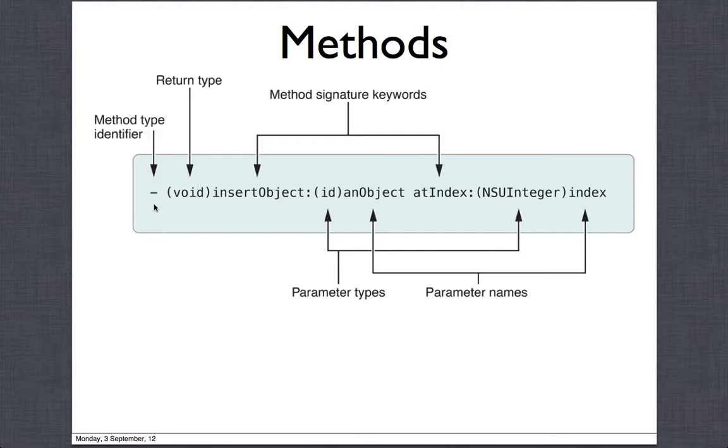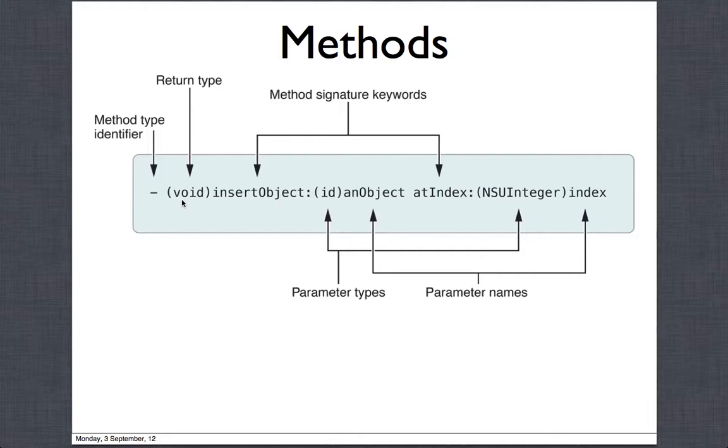The next thing is the return type, and it's exactly like in C or C++. For one exception, you need to put them in brackets. So in this case, we have a function that returns nothing. It's a void function.